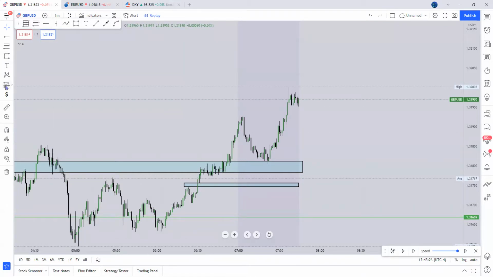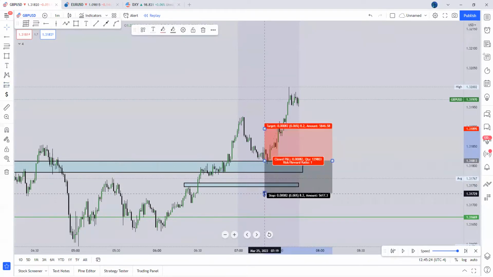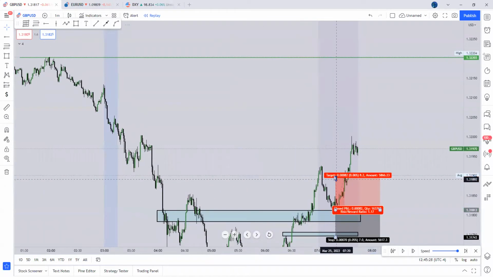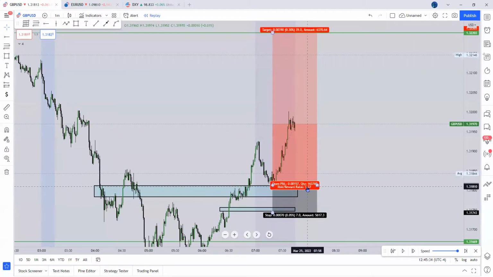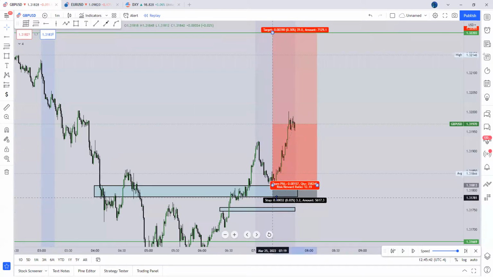Though you could have even done something like this and taken something like that, and then just drop this all the way to your target, right? That's what I'm saying, abuse the small stop loss so you can have multiple points of structure in your trades. Now, remember, you don't always want to have like a 1 pip stop where you're like, oh, I'm so good.